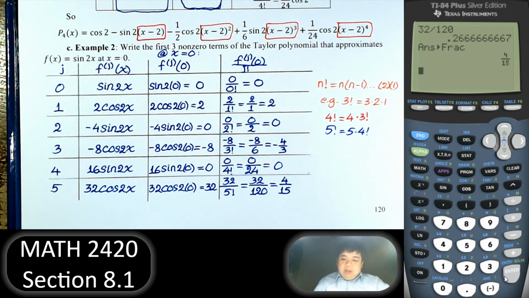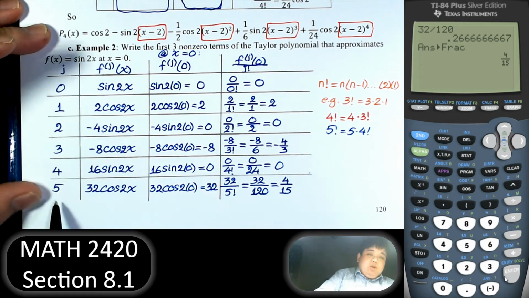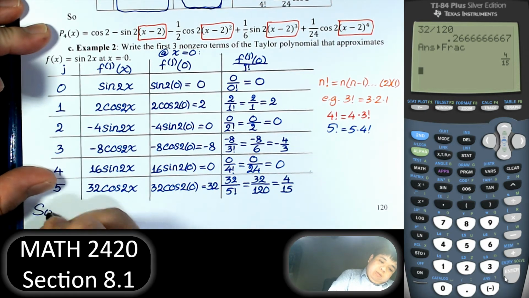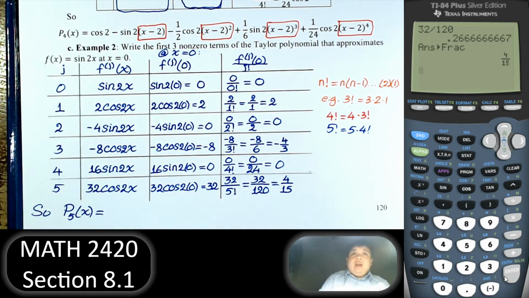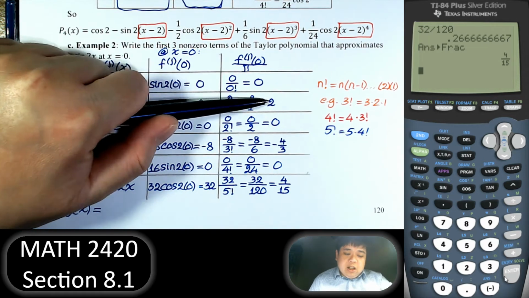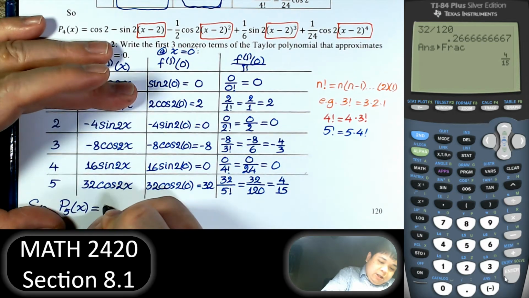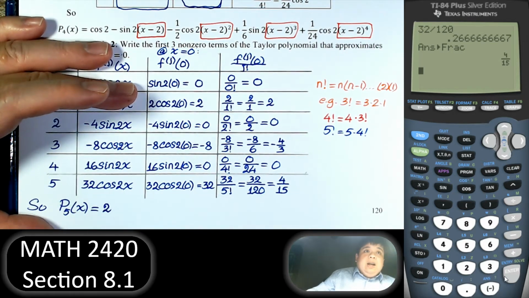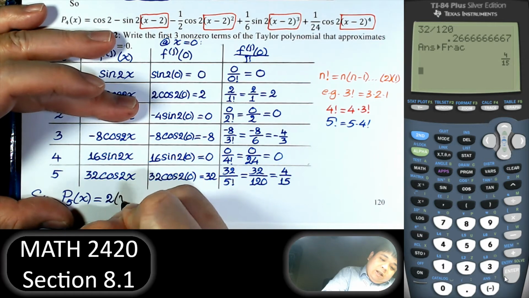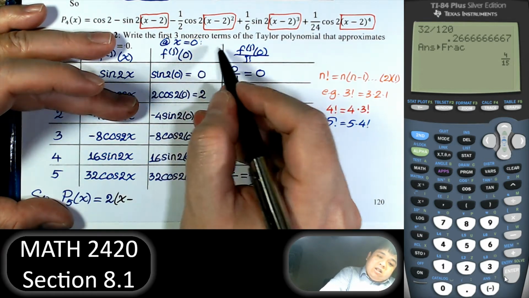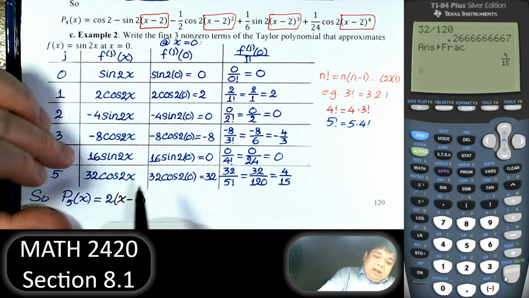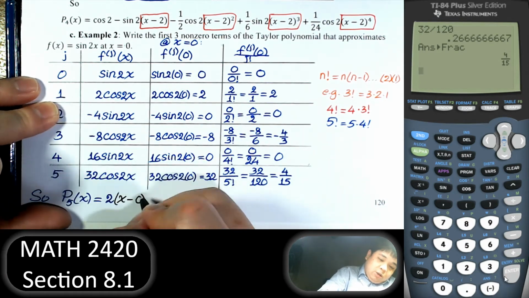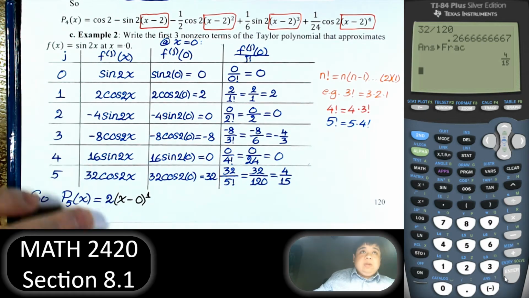Okay, that's good. And then we write the Taylor polynomial, this one up to order 5. So we have p sub 5 of x. Now we write first the non-zero term, which is 2, multiplied by x minus the center 0, to the first power, since this is when j equals 1.